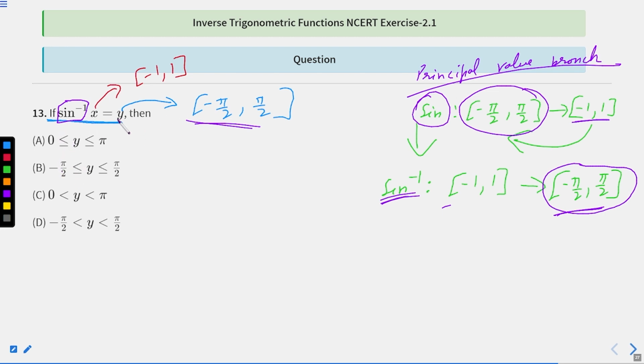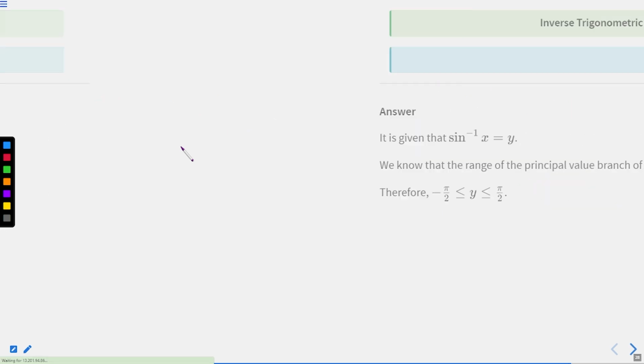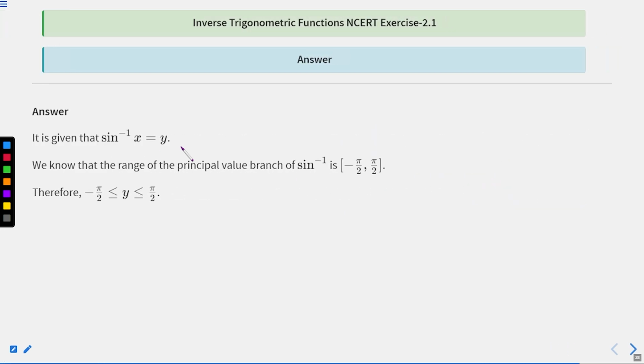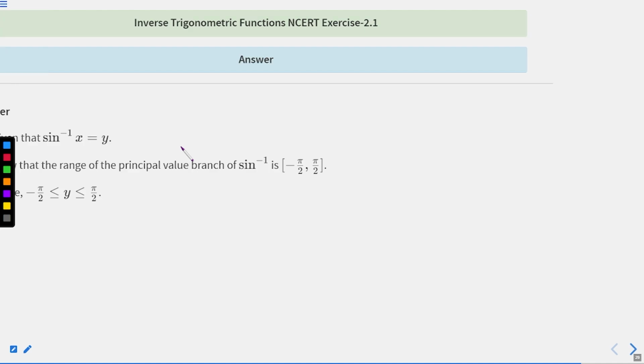As you can see, y must belong to the closed interval, so option B will be true. Y must belong to minus pi by 2 is less than or equal to y less than or equal to pi by 2. I hope that you understood this very well. Let's move to next. So option B was correct.